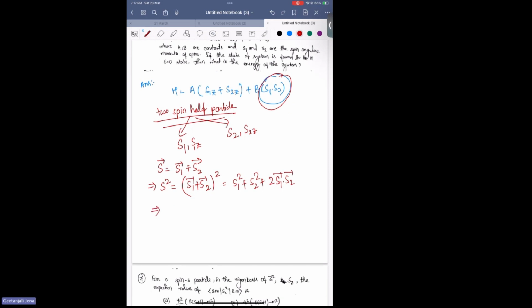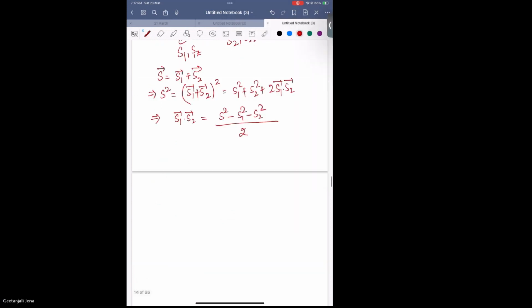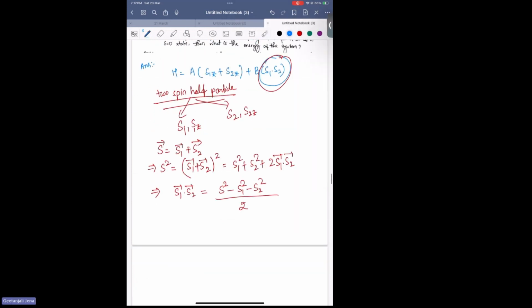So that means if you want to find out what S1 dot S2 is, it is nothing but S square minus S1 square minus S2 square, divided by 2. Okay, so this is one value we get.